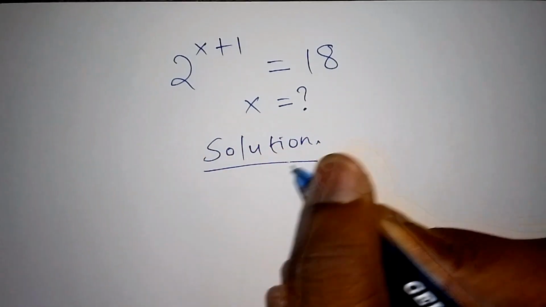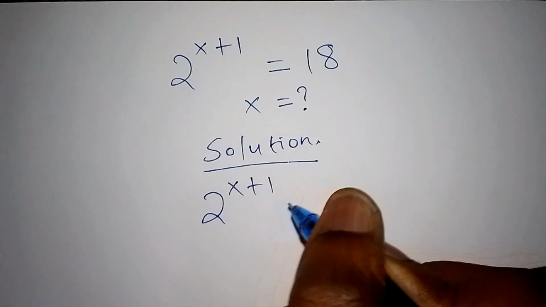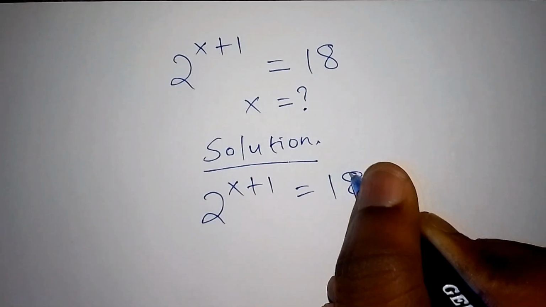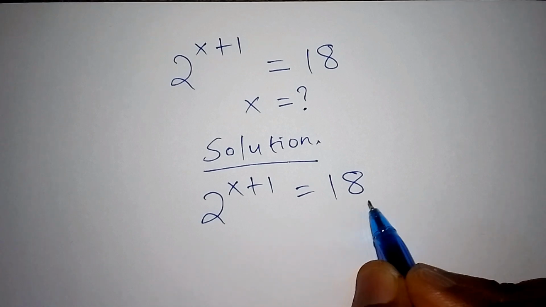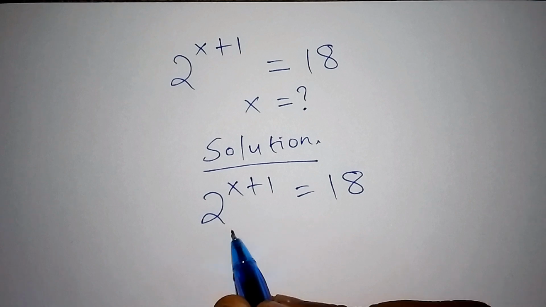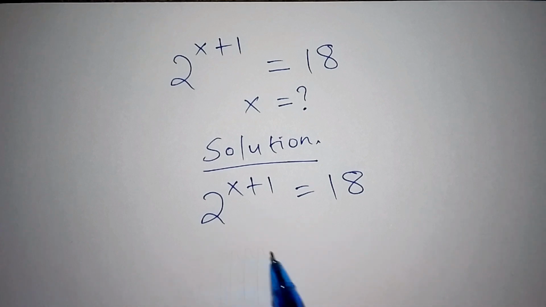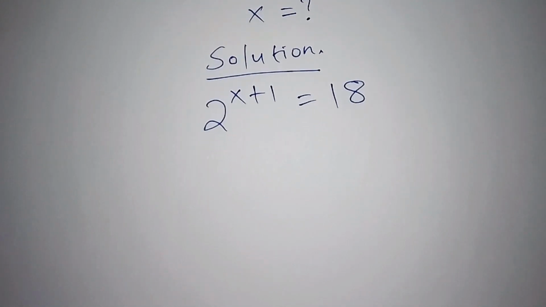In the solution we have 2 to the power of x plus 1 is equal to 18. It is impossible for us to work out the 18 to the root of 2, so what we need to do is introduce what is called logarithms.